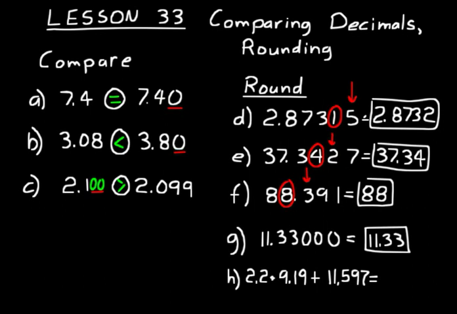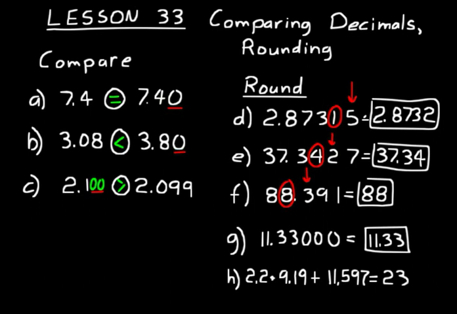Hopefully you can do rounding pretty well now. You can just do these in your head. 2.2 would just be 2. 9.19 would be a 9. 11.597 would round up to a 12. So 2 plus 9 is 11, plus 12 would be 23.